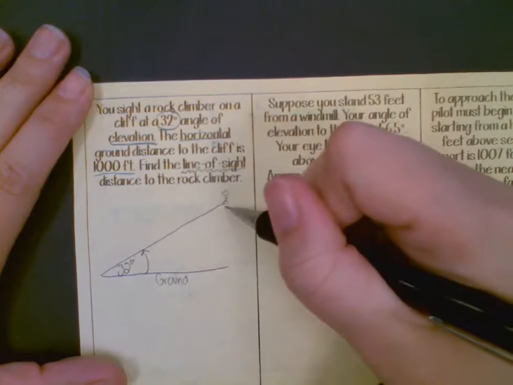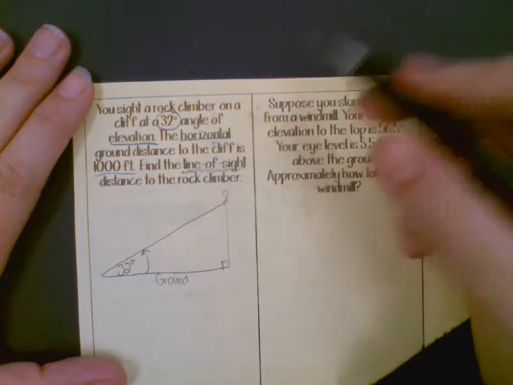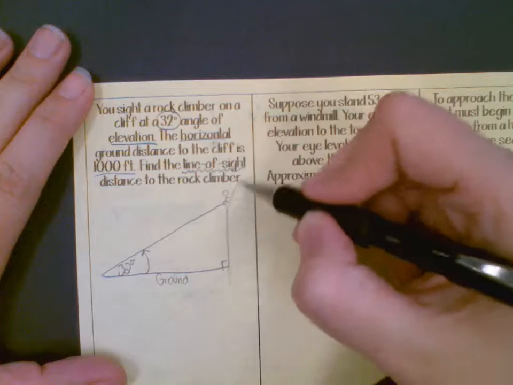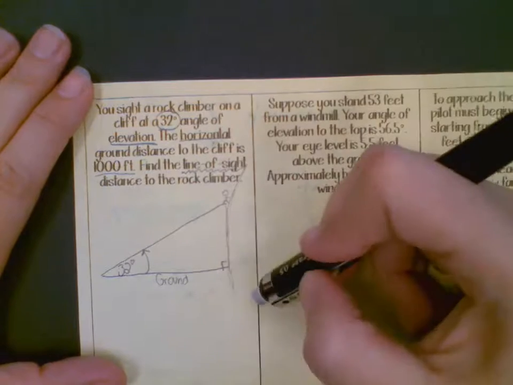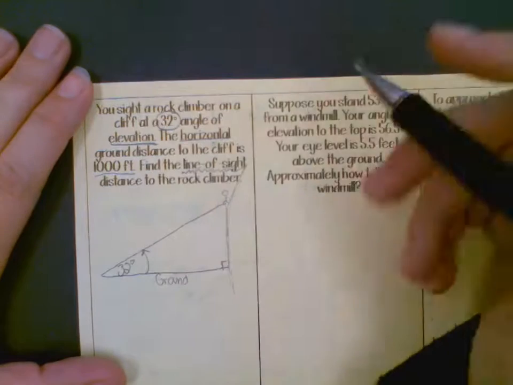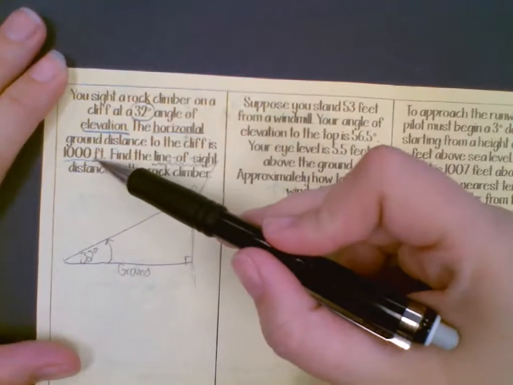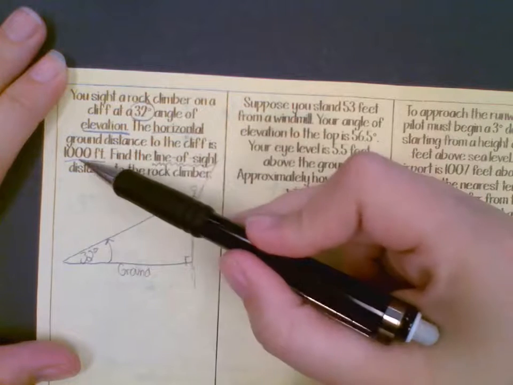I'm going to drop a line straight down to make our right triangle. So our cliff would be really steep. The other thing they told us in this problem is that the horizontal ground distance to the cliff is 1,000 feet.